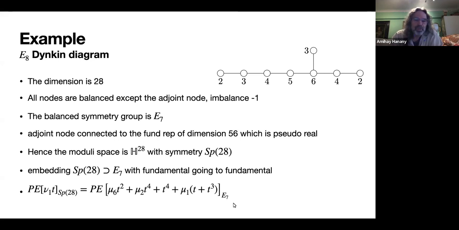We were not sure about how it looks, but that's the exact result. And let me just clarify that mu1 here is the fundamental of E7, mu6 is the adjoint, and mu2 is the second rank symmetric representation associated with this.